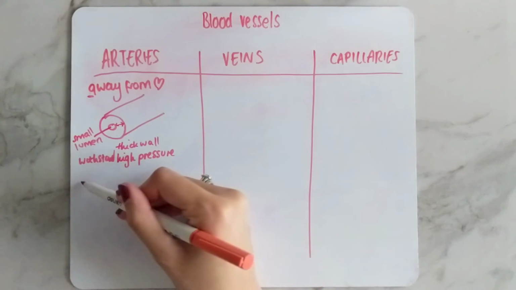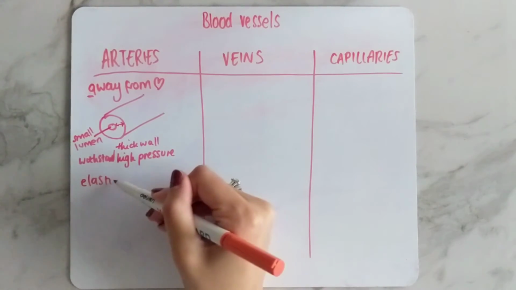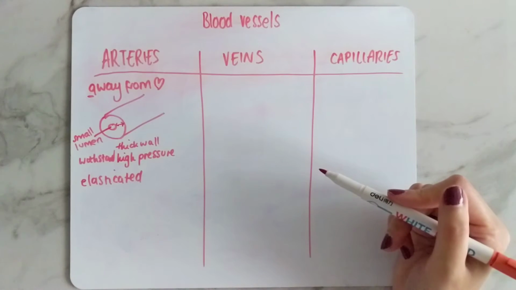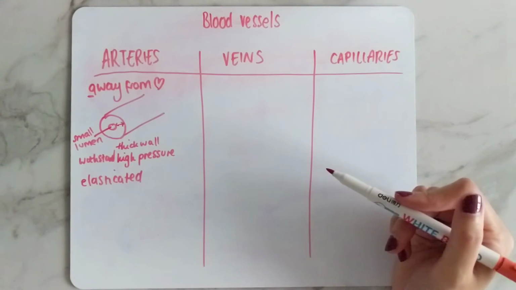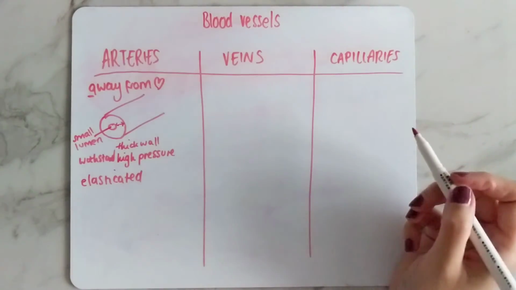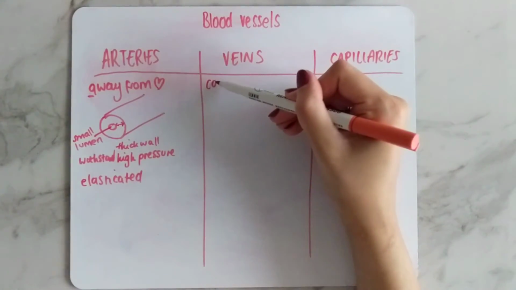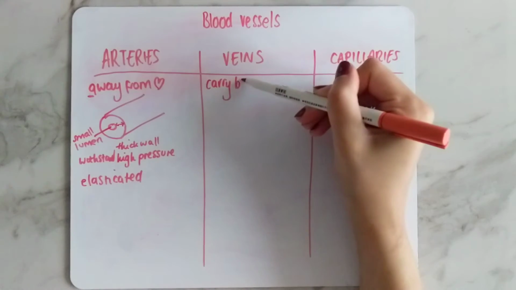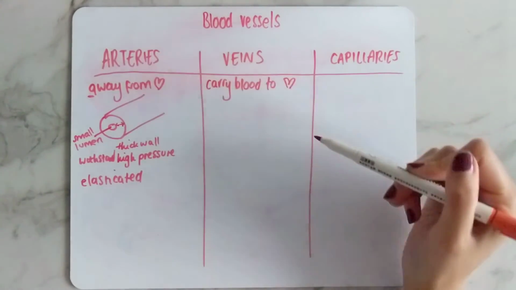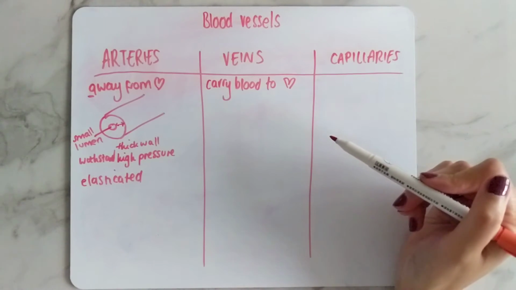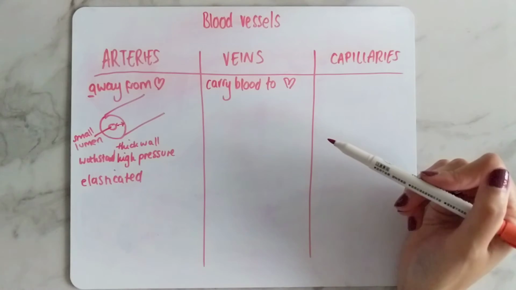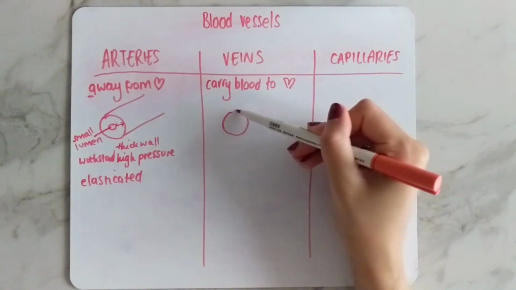The walls are also elasticated. So as well as being thick, they're elasticated. Again, having that bit of stretch just means that the walls won't tear under that high pressure. So veins carry blood to the heart. In this case, it could be the vena cava, or it could be the pulmonary vein that carries blood to the heart. And it looks like this.